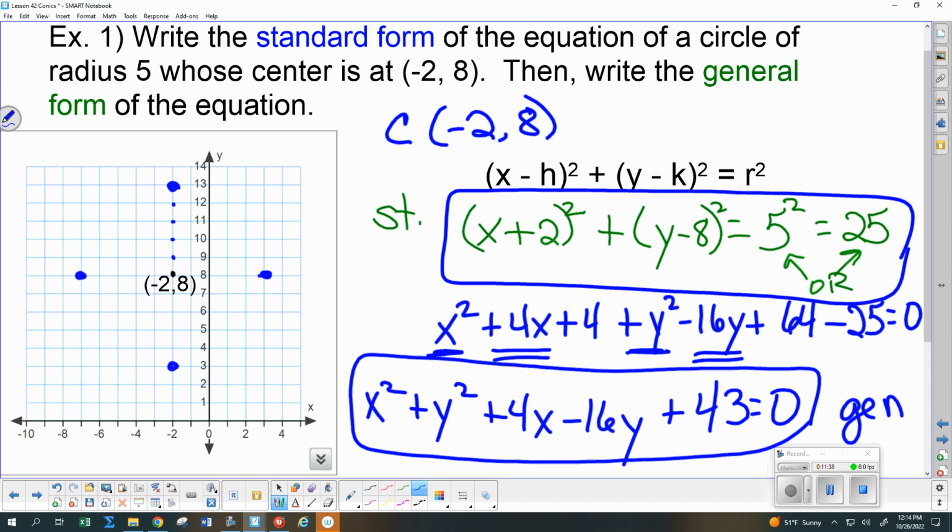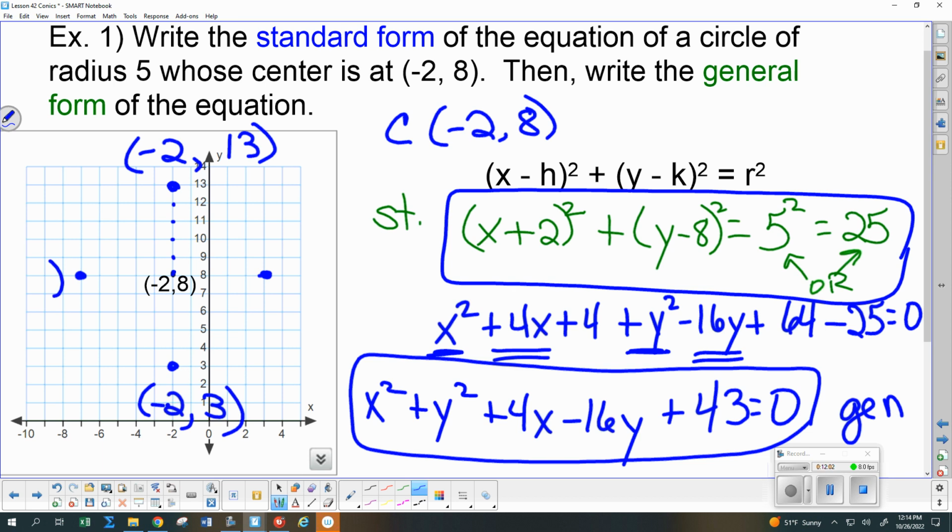Now, notice these points where I went straight up and straight down. The x coordinate is still -2. That's still how far I go left or right, isn't it? If I started at 8 and went up 5, 8 plus 5 is 13. If I started at 8 and went down 5, 8 minus 5 is 3.